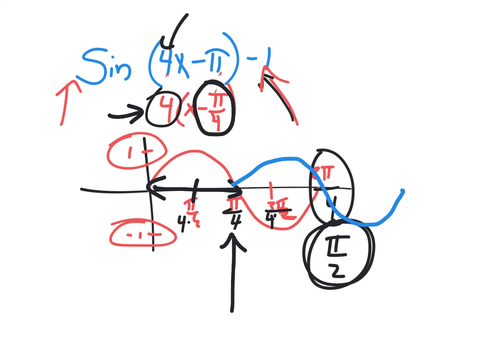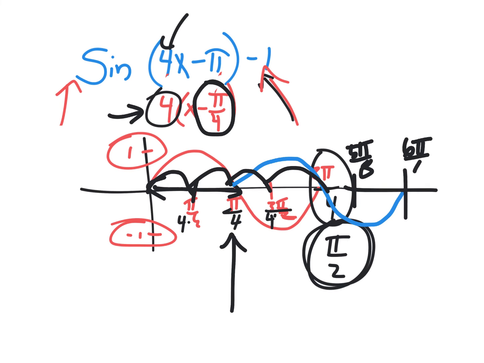Now, you're going to get this wrong on the test if you leave it that way, because you haven't labeled these marks. And that's why it's really good to figure out what you're counting by. 1 pi over 8, 2 pi over 8, 3 pi over 8, 4 pi over 8, 5 pi over 8, and 6 pi over 8.